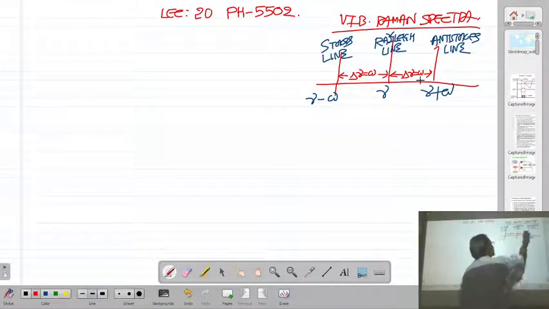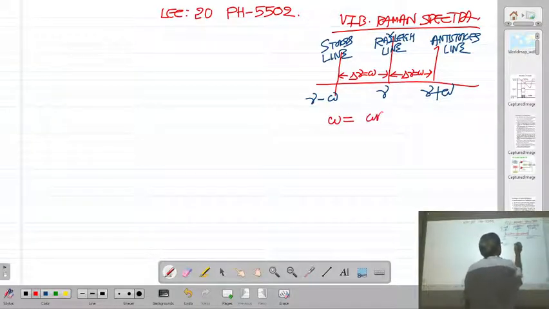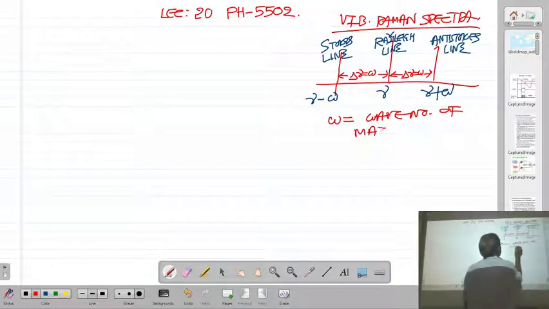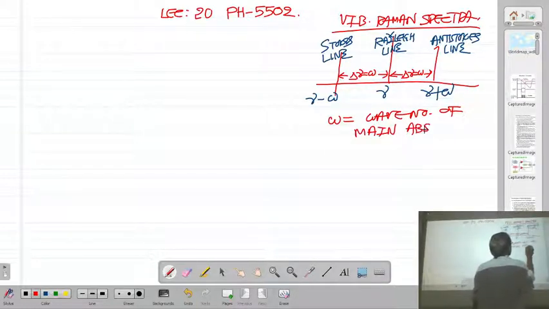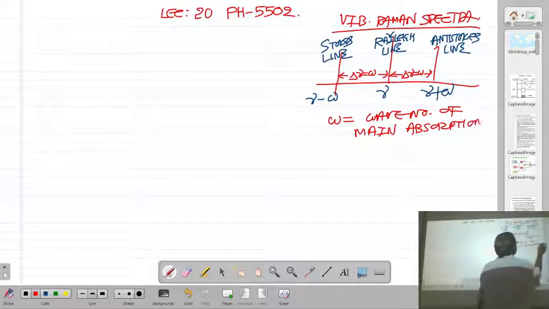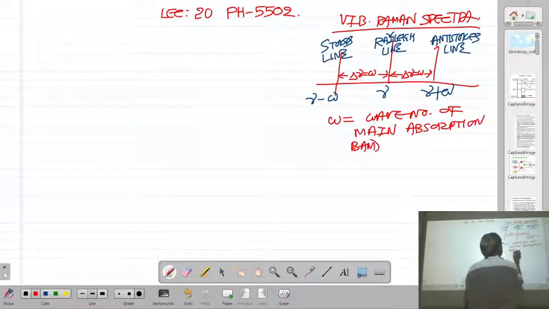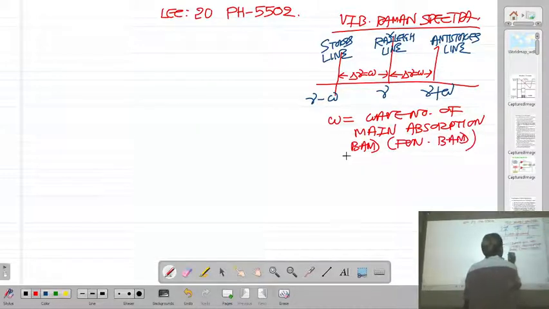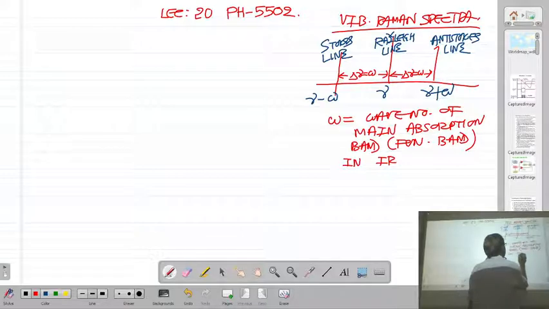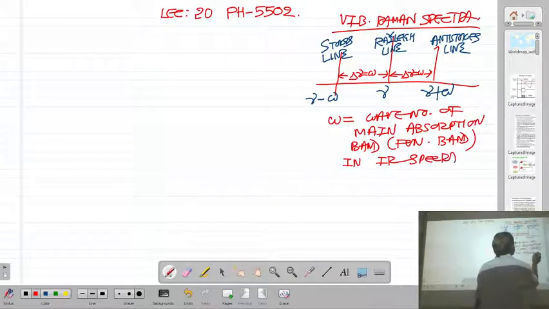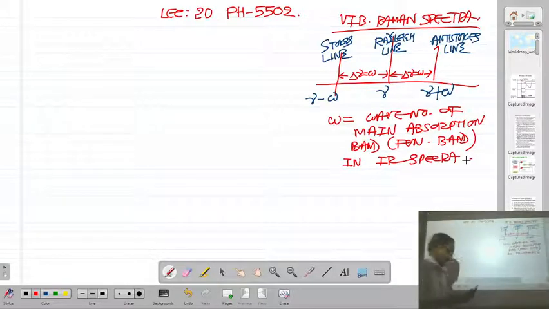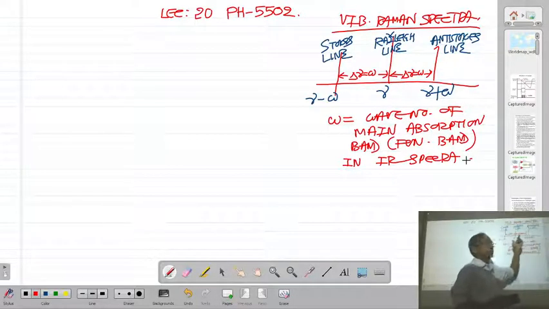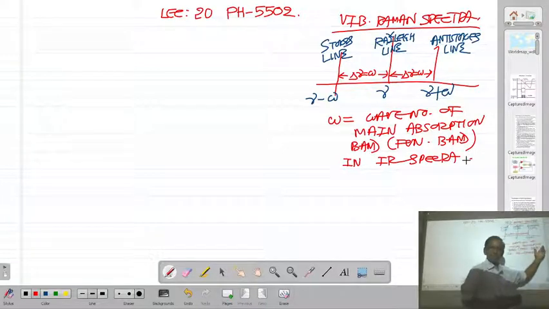You know what this omega is? This omega is the wave number of the main absorption band, which is called the fundamental band, in the infrared spectrum.